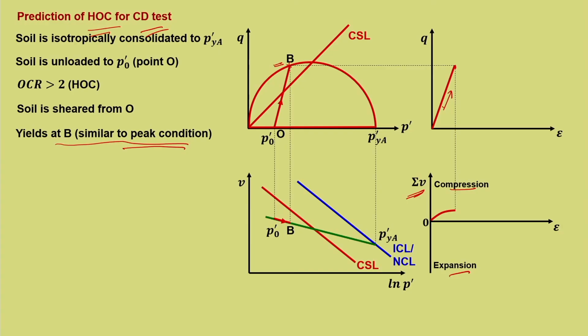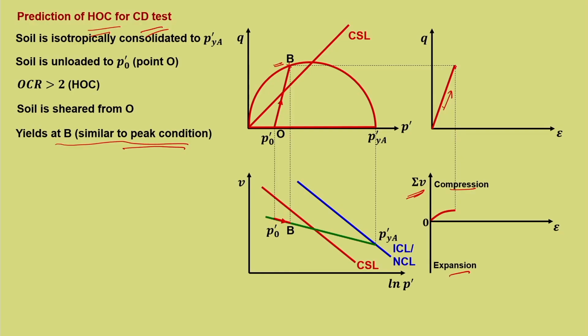So, here there are certain clear indications which we need to follow. Now, this particular maximum point is more or less the end of compression and where it will start dilating. So, Qy is the yield point and Qy is the yield stress, which is the same as Q peak. So, this P dash y is the yield mean stress.